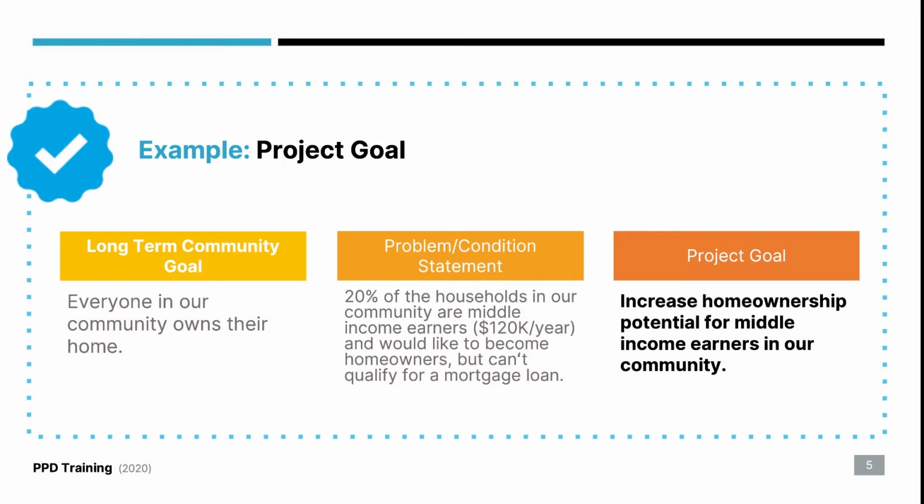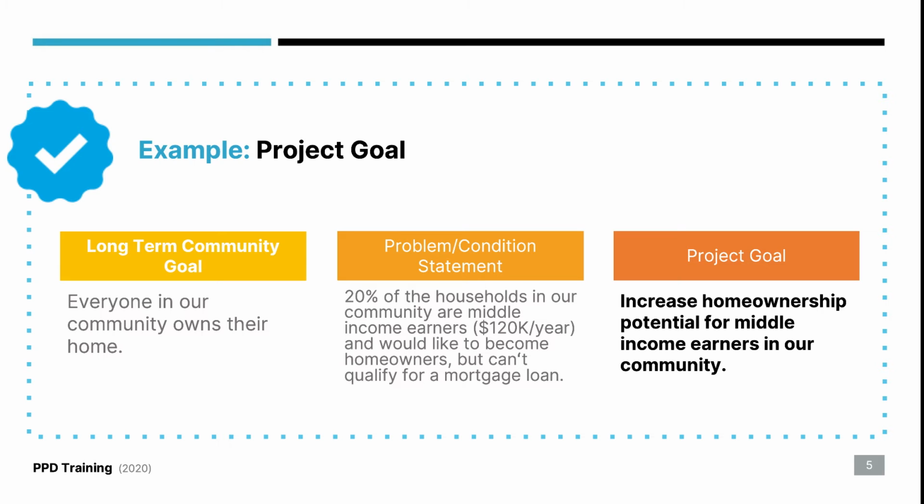However, what your project is proposing to accomplish is to increase home ownership potential, right? So if we look back to your problem in your condition statement, currently 20% of your community can't qualify for the mortgage loan. So qualifying for a mortgage loan increases your potential for ownership, right?